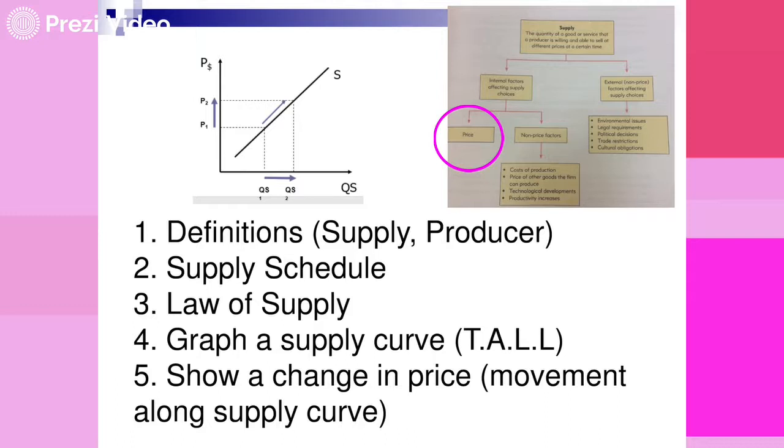Remember, we always need a title, axes, lines, and labels. Definitely your supply curve should always have the S on it. Your P1, your P2, your title, y-axis, x-axis, and then Q1, Q2. And then how to show a change in price and whether that's an increase or a decrease. This is what you'll need to know for question 1.